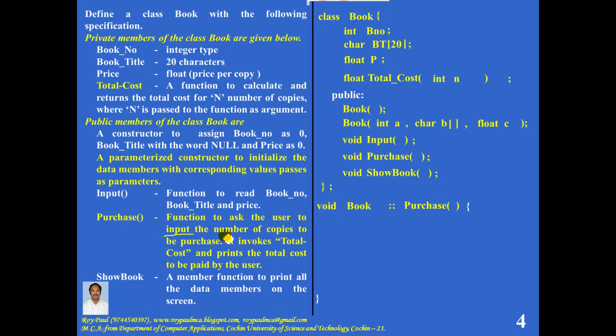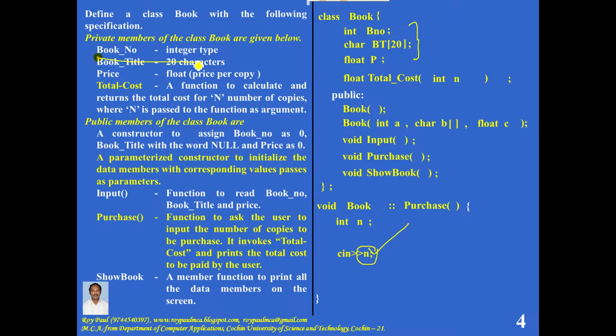Which quantity should be entered from the keyboard? Number of copies to be purchased. This must be entered from the keyboard. So let me do this first. cin input operator N, number of copies entered from the keyboard. This is not a data member of the class. And why is it not a data member?